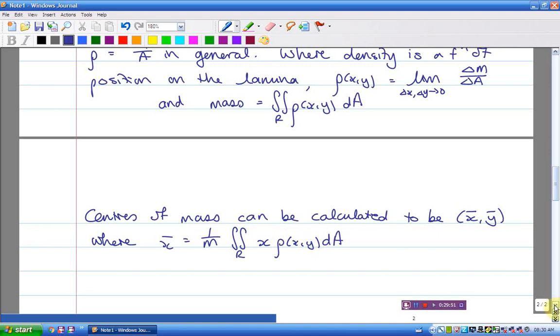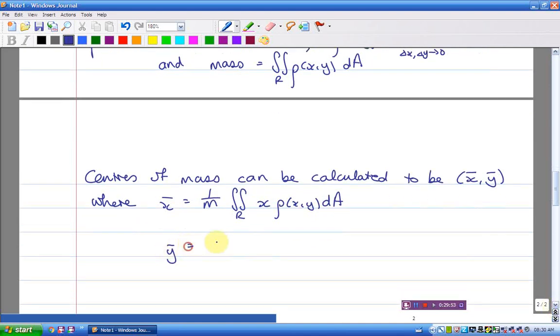And for the y center of mass, we're basically making the same calculation, but we are weighting the y coordinate. So in a sense, it's almost like a weighted average, but it's like a continuous weighted average.